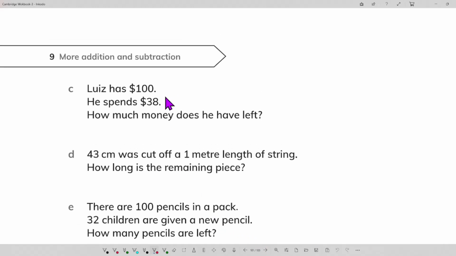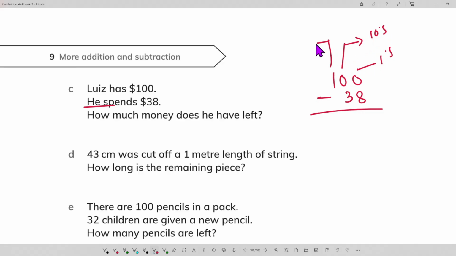Louis has $100. He spends $38. How much left? So 100 minus 38. So look, this is the ones, this is a tens, and this is a hundreds.